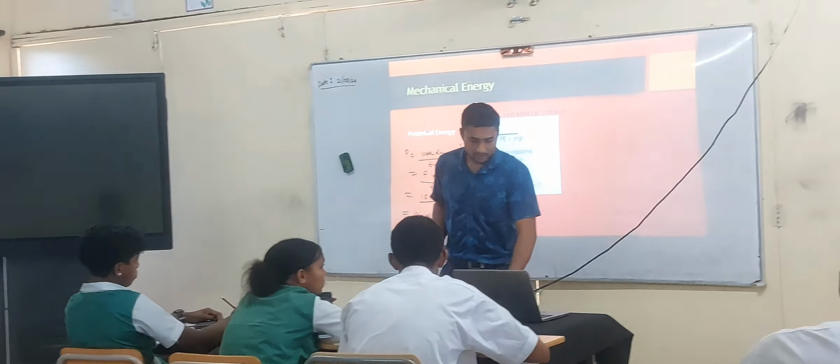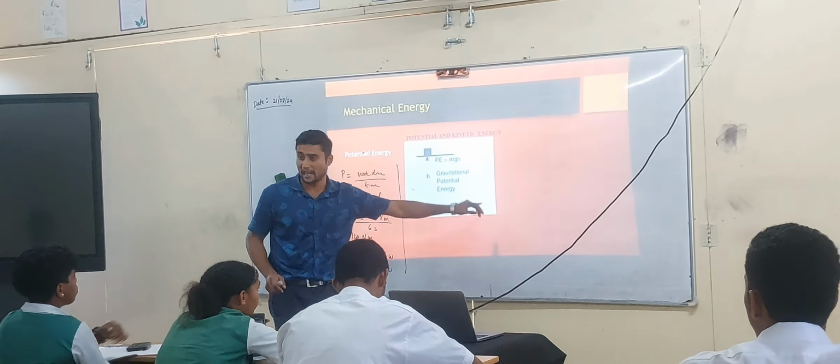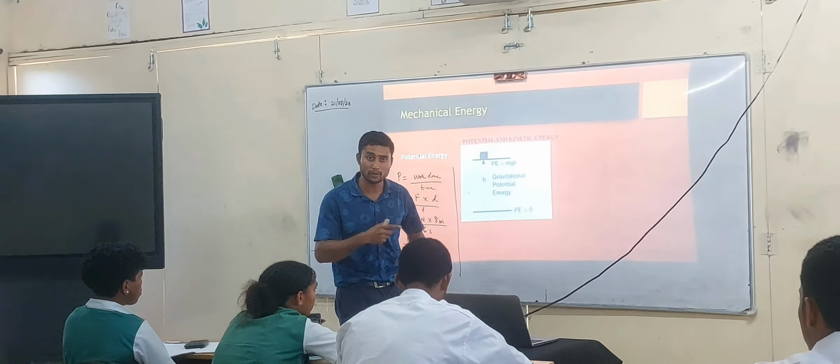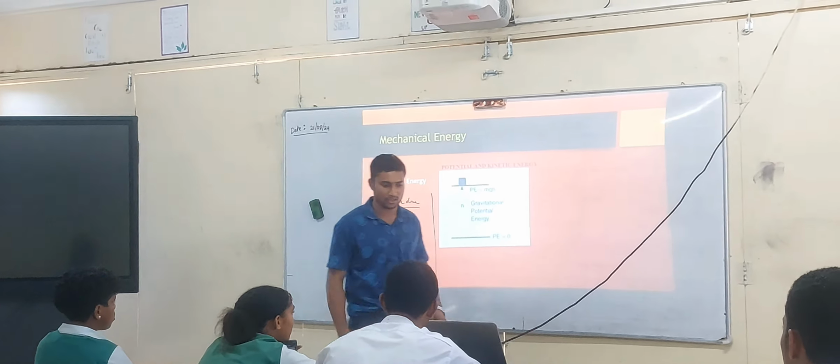Potential energy is equal to 0 at ground level. So if the object is moving but doesn't have a height, it definitely won't have potential energy.